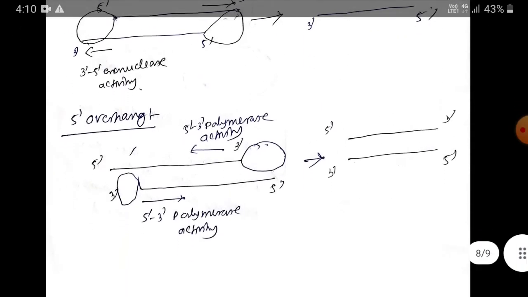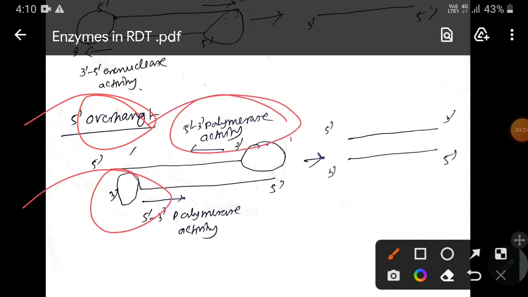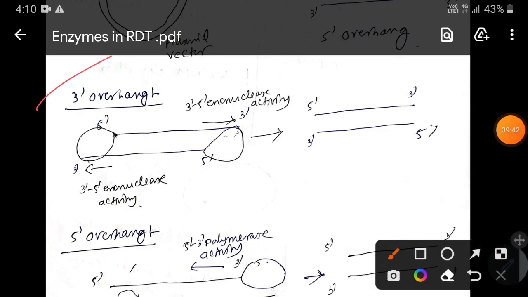And now let's see what it does in case of 5 prime overhang. In that case it will activate the 5 prime to 3 prime polymerase activity, okay, and simply help in filling the recessed 3 prime end. Okay, that is how it helps in case of 5 prime overhang. So in case of 3 prime overhang, it will simply remove or digest the protruding 3 prime end, okay.